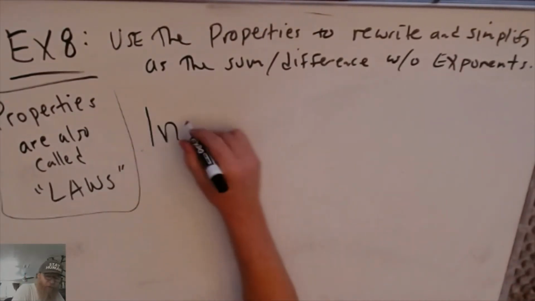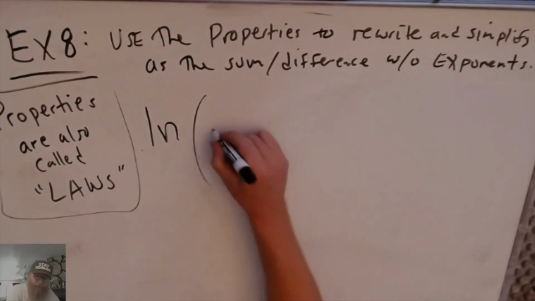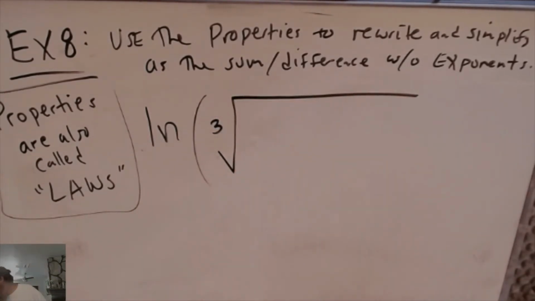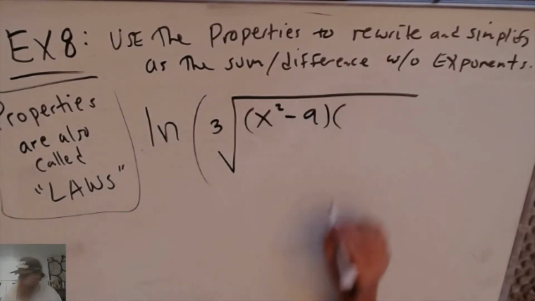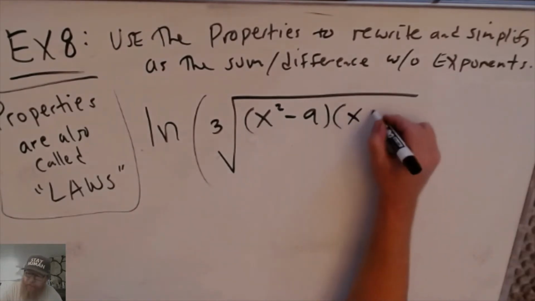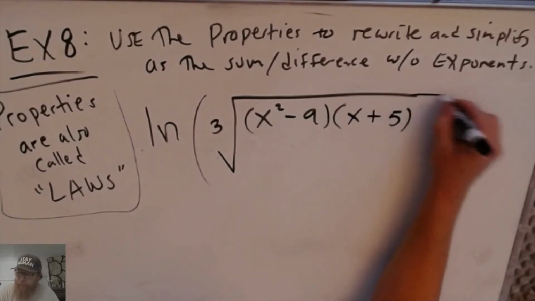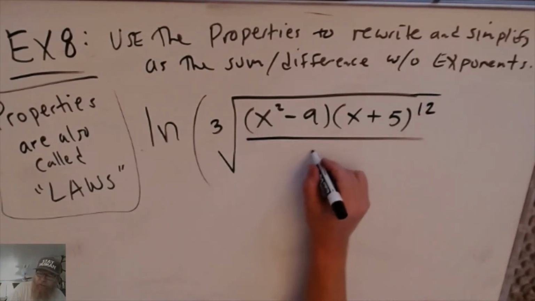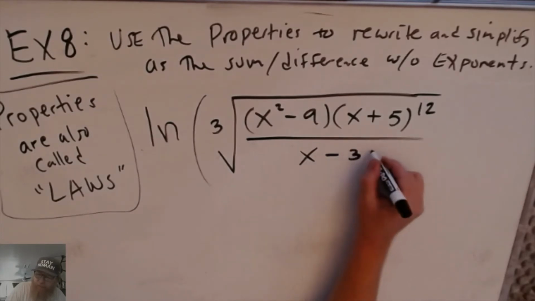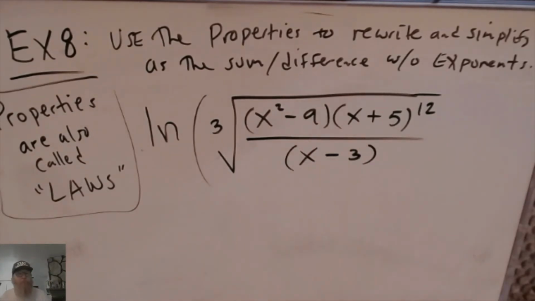Let's do the natural logarithm of the cube root of x squared minus 9 over x plus 5 to the 12th power, excuse me, all divided by x minus 3. Oh, and parentheses.